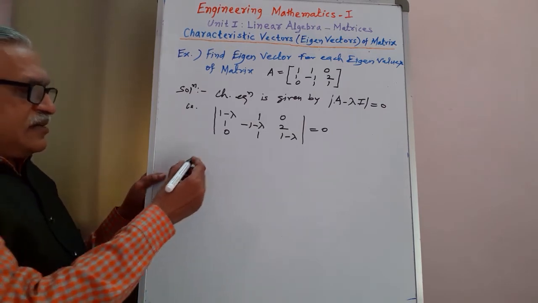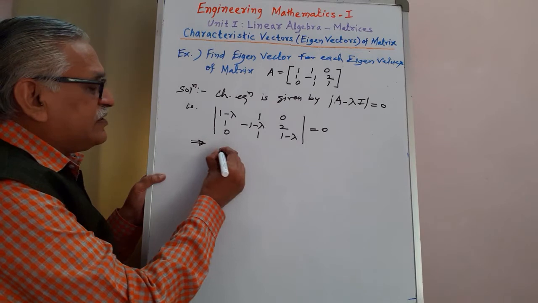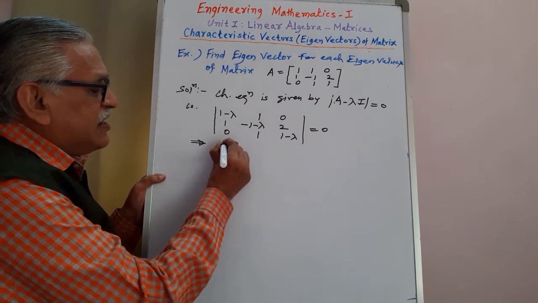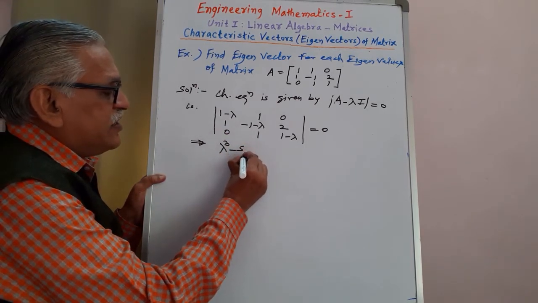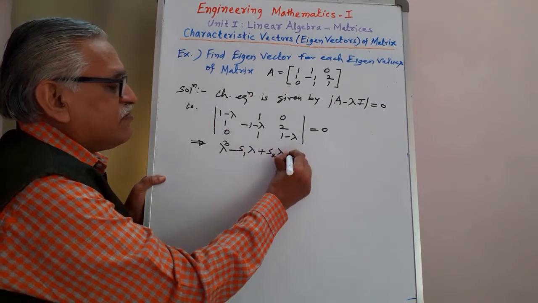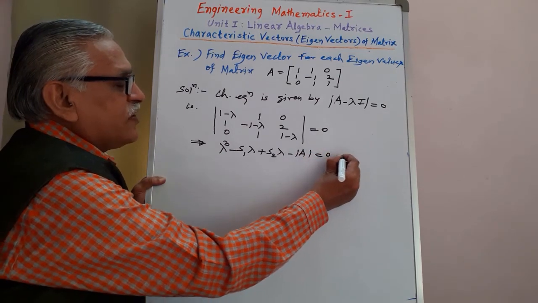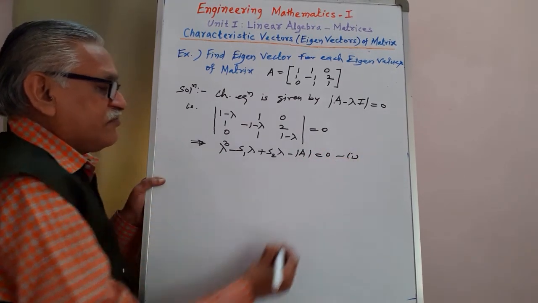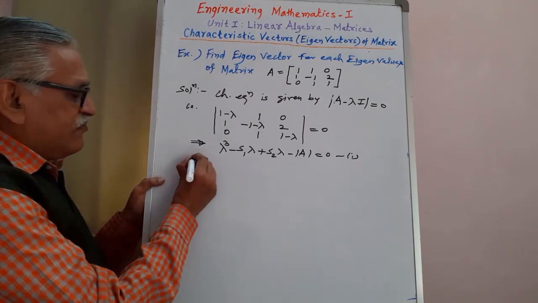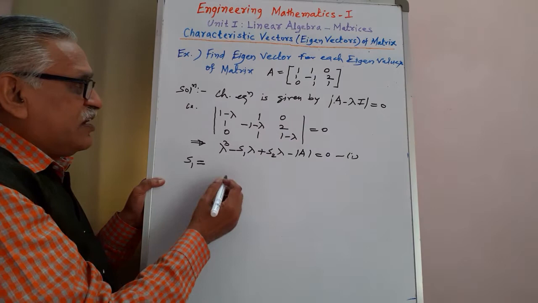And then finding the equation by the shortcut method, it is given by lambda cube minus S1 lambda square plus S2 lambda minus determinant of A equals 0. We call this equation 1, where the value of S1 is the sum of the principal diagonal elements.